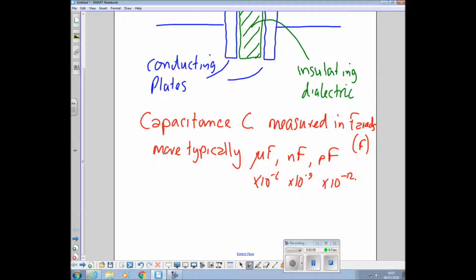Yeah? So because the actual farad is really big, we're usually talking in those sub-multiples of farads.